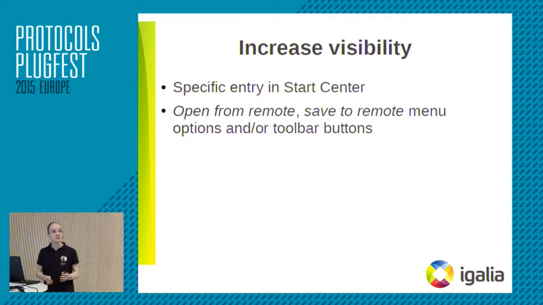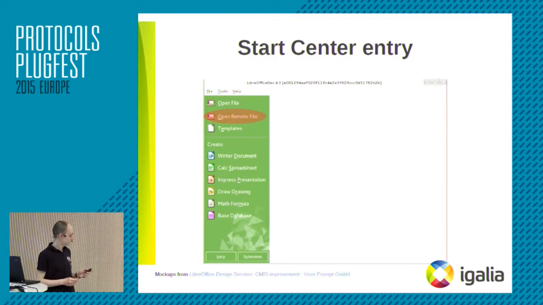To increase the visibility of the feature, a specific entry for remote content will be added to the LibreOffice Start Center. So there will be a highlighted option in the Start Center together with open templates and the entries for new documents.